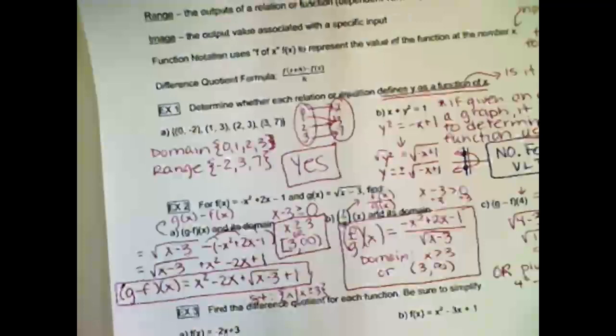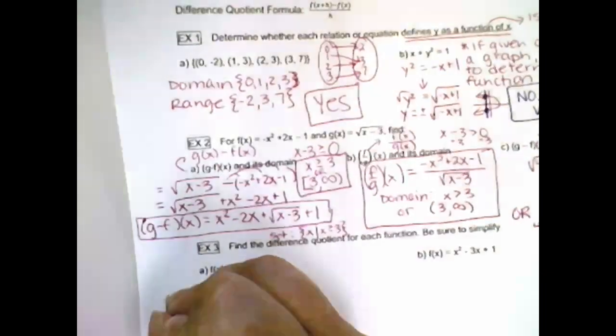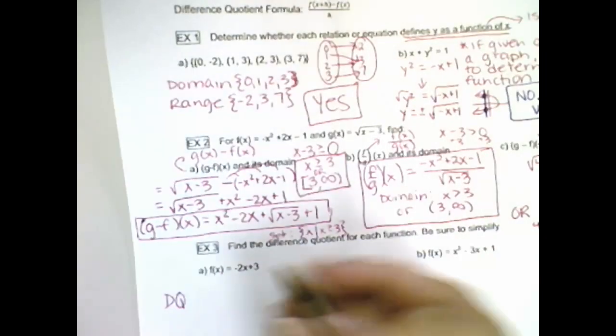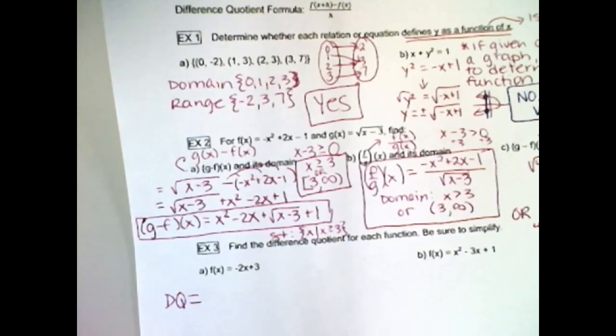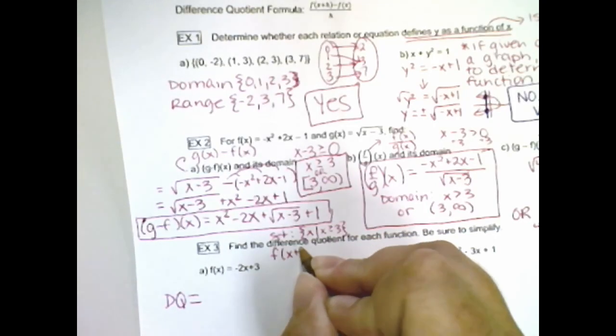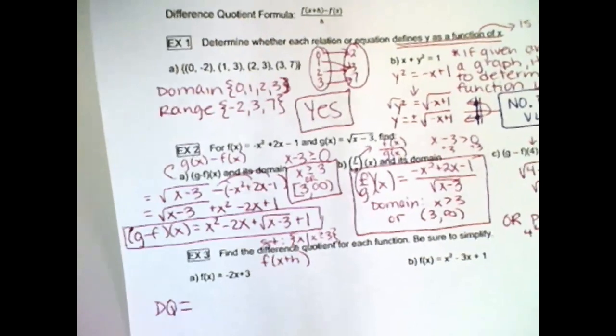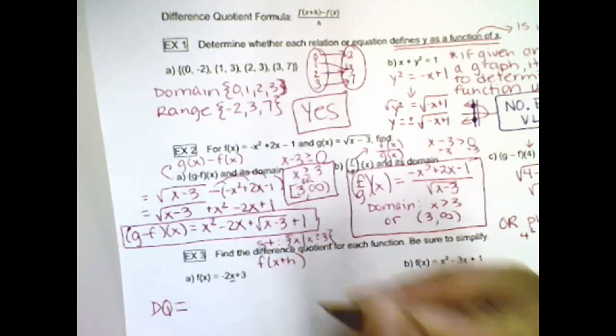So when I do a difference quotient, I usually write difference quotient equals over to the side, and then somewhere else I find the pieces. So the first piece is what we just talked about, f of x plus h. So that means that in this f function, I'm going to plug in x plus h in place of the variable there.